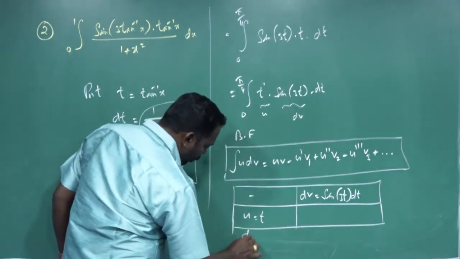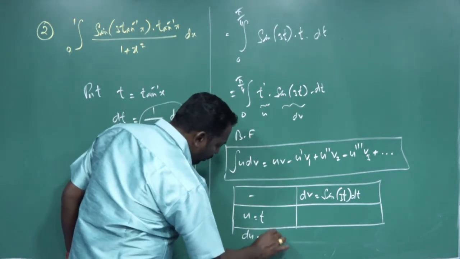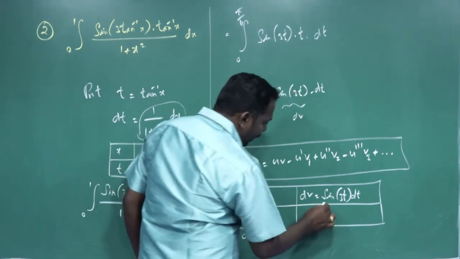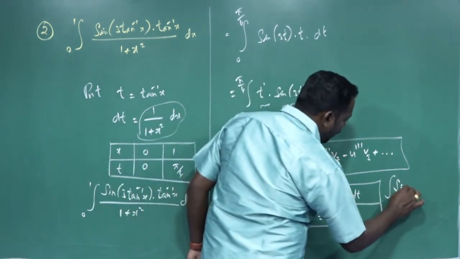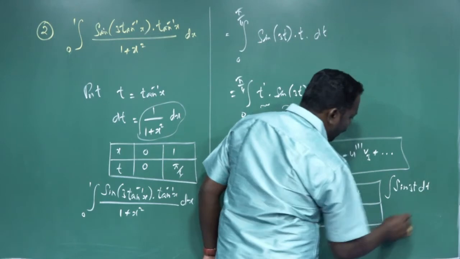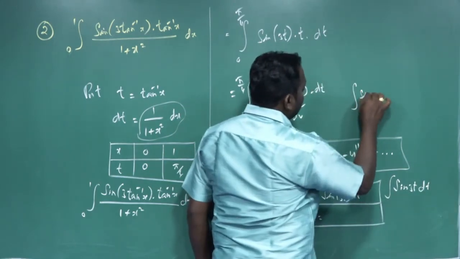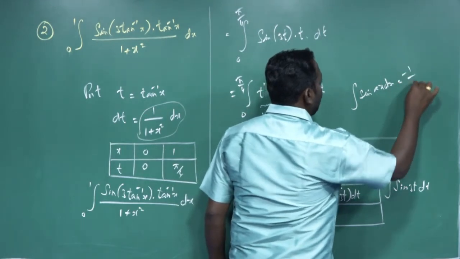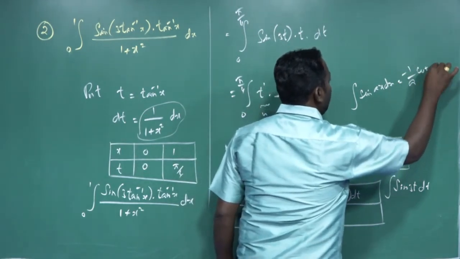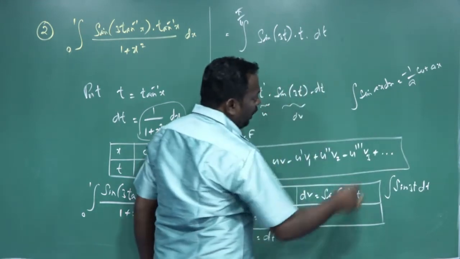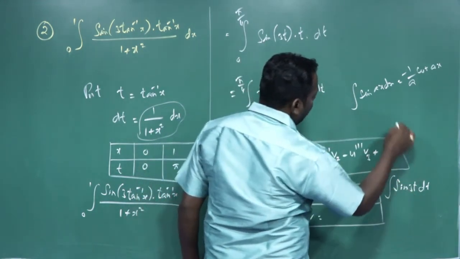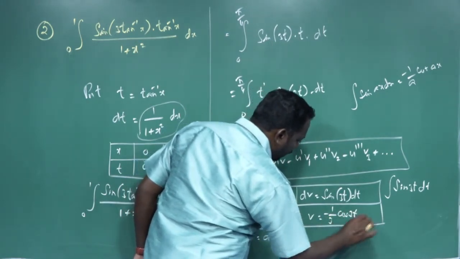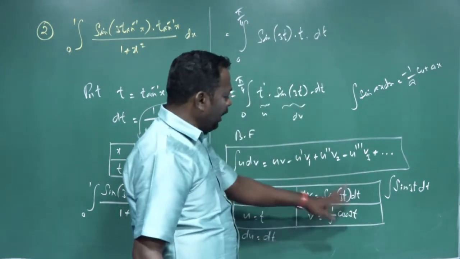Now differentiation of u equal to du, differentiation of t equal to dt, and then integration of dv equal to v. Integration of sine 3t into dt is called integration of sine ax dx, that is equal to minus 1 by a into cos ax plus c. Therefore a value equal to 3 here. Therefore it is minus 1 by 3 cos 3t. It is called integration of sine 3t value.